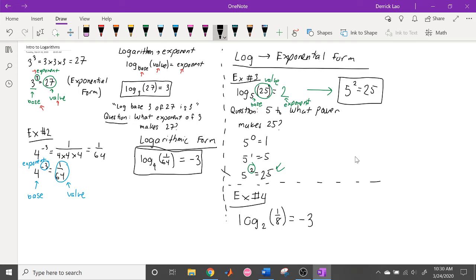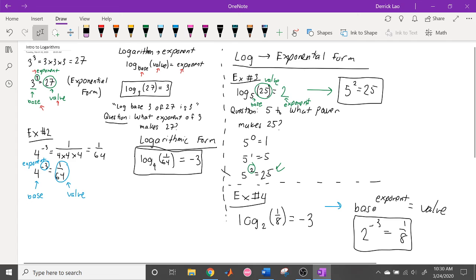It's already negative 3. But the main thing I want you guys to do for this homework problem is to change it to be some base to an exponent equals some value. So it's 2 to the negative 3 equals 1 over 8. And that's my answer for that one.